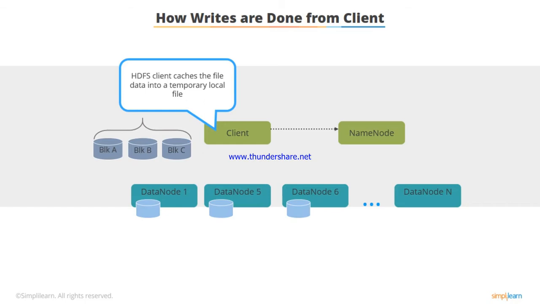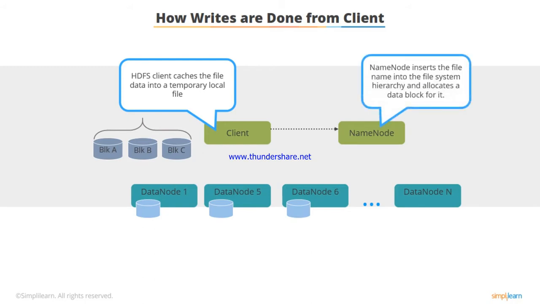Once the data accumulated is equivalent to the size of a block on HDFS, name node is contacted by the client. The file name is inserted into the file system hierarchy, and a block is allocated for it. Name node responds to client request by providing details such as destination of data block and its identity.